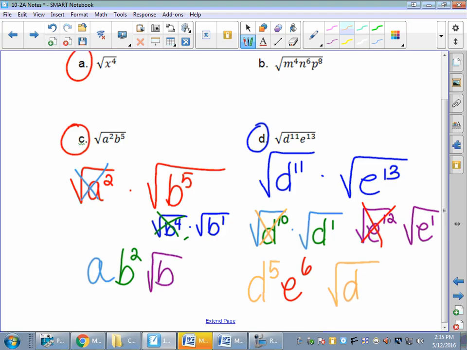Well, these guys can go underneath the same square root sign. So my answer, as long as my d and e, the leftovers, are both under the square root, I've got d to the 5th, e to the 6th, and a square root of dE. So this will be my final answer.